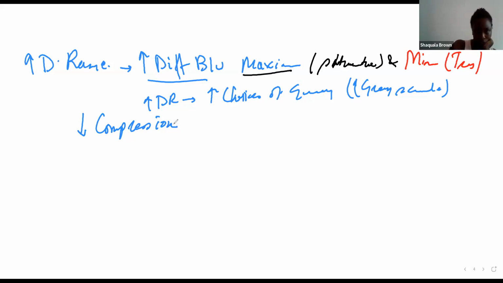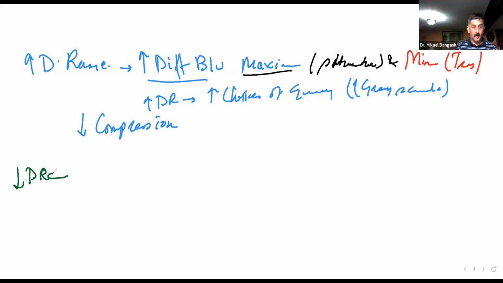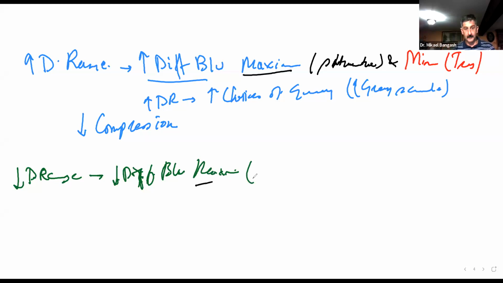Whereas if you go in the other direction, a smaller dynamic range, that means we have a lesser difference between what we call the maximum, which as far as the range was concerned we refer to as the saturation, and our minimum.